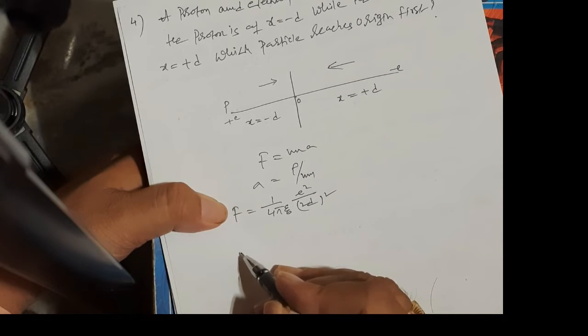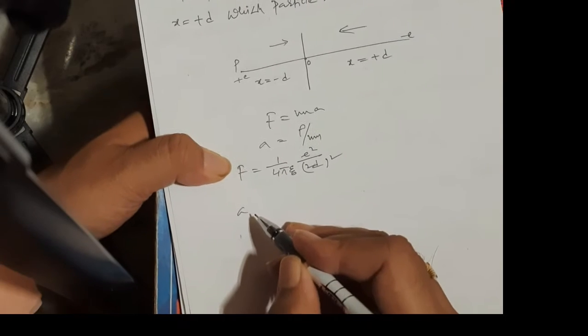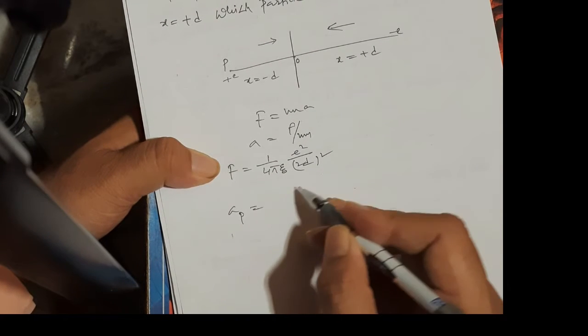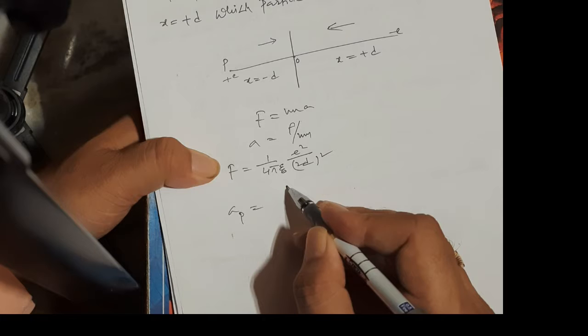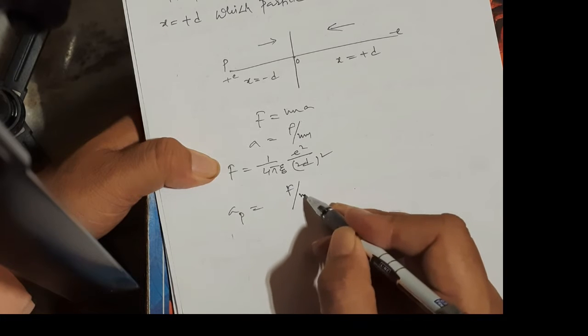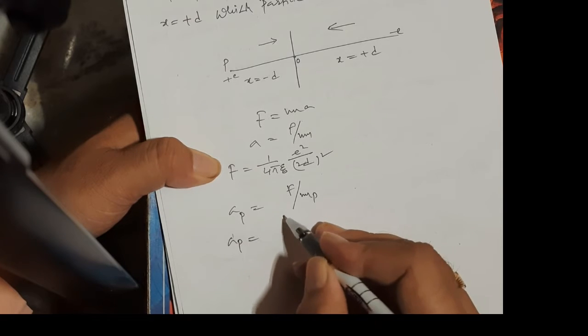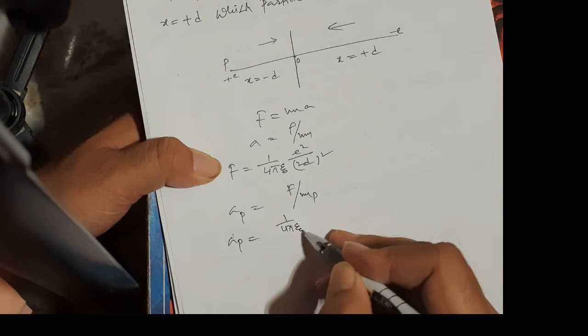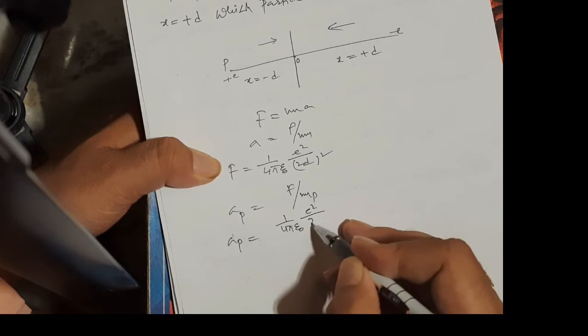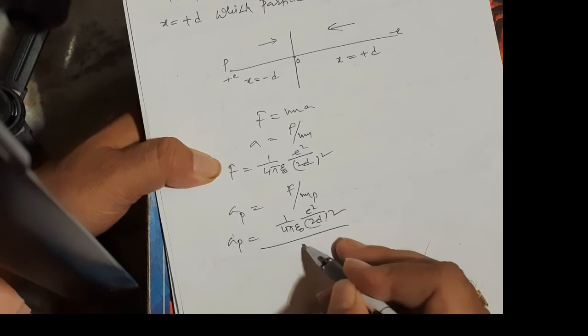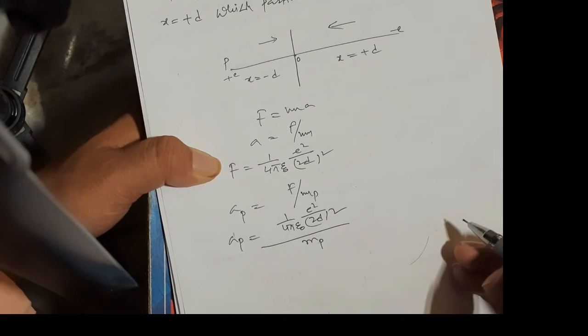So here the acceleration of the proton is equal to force by mass of the proton. The acceleration of the proton is equal to 1 by 4 pi epsilon naught e square by 2d whole square, divided by mass of the proton.